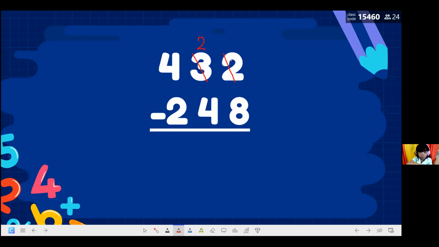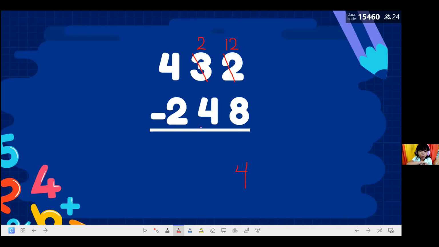And the 2 ones will become 12, because we regroup it. Now can we subtract 8 from 12? Yes, that's right. So 12 minus 8 is 4.